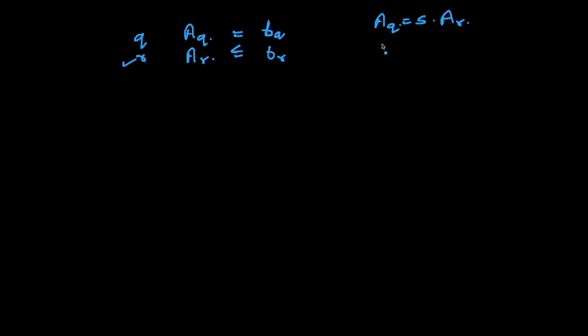It depends on whether the sign of S is greater than 0 or less than 0. In one case it should be less than or equal to S times BR, and in the other case it should be greater than or equal to S times BR if S is less than 0. In those cases we can discard this constraint and we are happy. But if the signs are reversed, and the inequality is BQ greater than S times BR with S greater than 0, then this problem is infeasible. It's simple algebra, nothing really complicated.